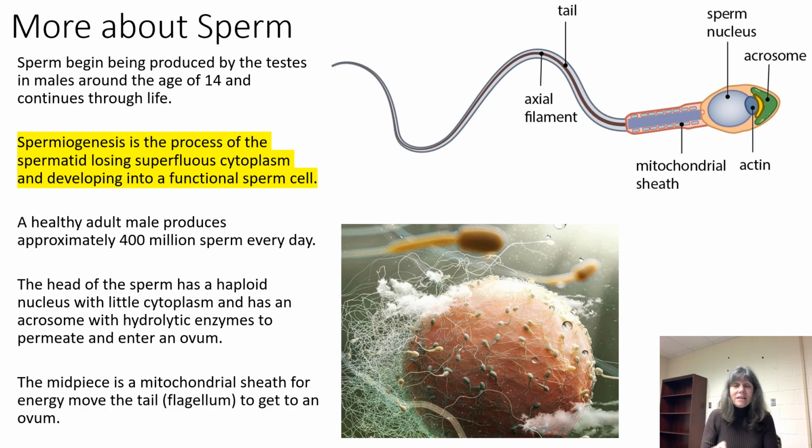Now, in the production of sperm, we go from those individually created haploid cells, the daughter cells at the end of meiosis 2. Those are our truly haploid cells that are now going to go through the process of spermiogenesis.